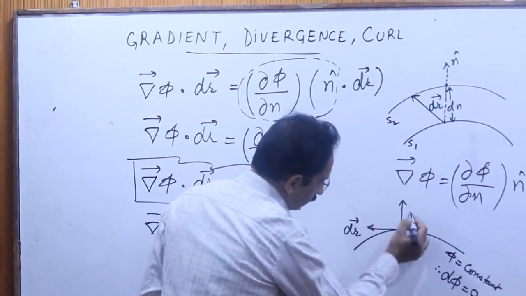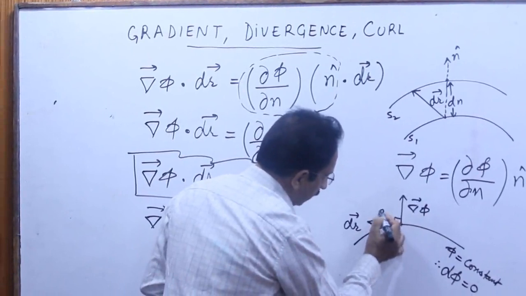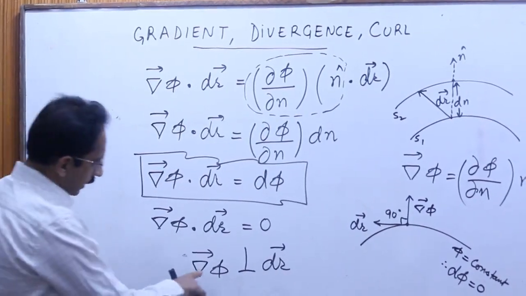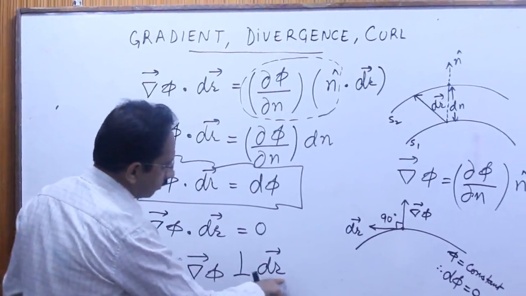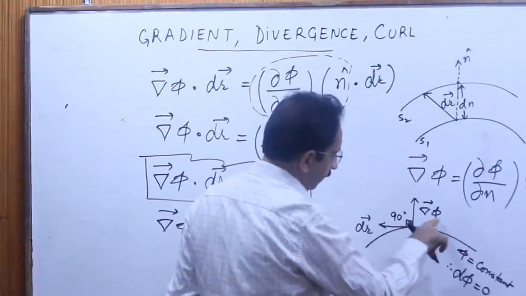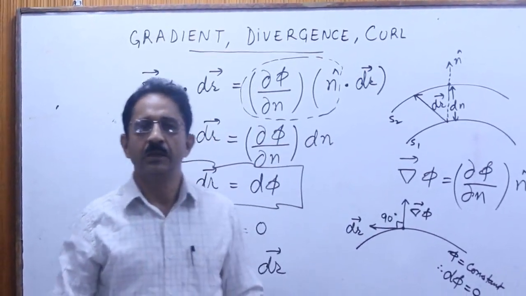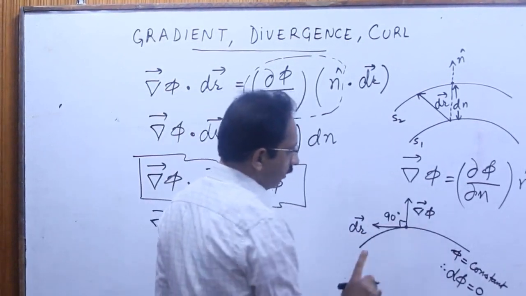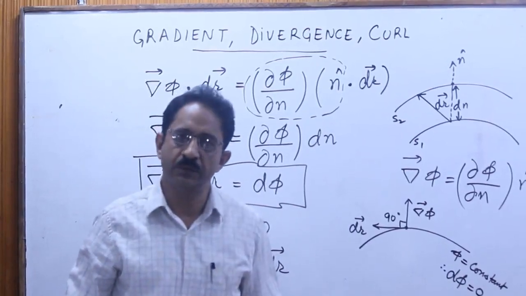So this perpendicular to the level surface would be the direction of del phi, and the angle between these two is equal to 90 degrees. So in other words, the gradient of a scalar function phi at a particular point is perpendicular to dr. dr is along the tangent and the gradient takes place along the perpendicular direction to the given level surface.